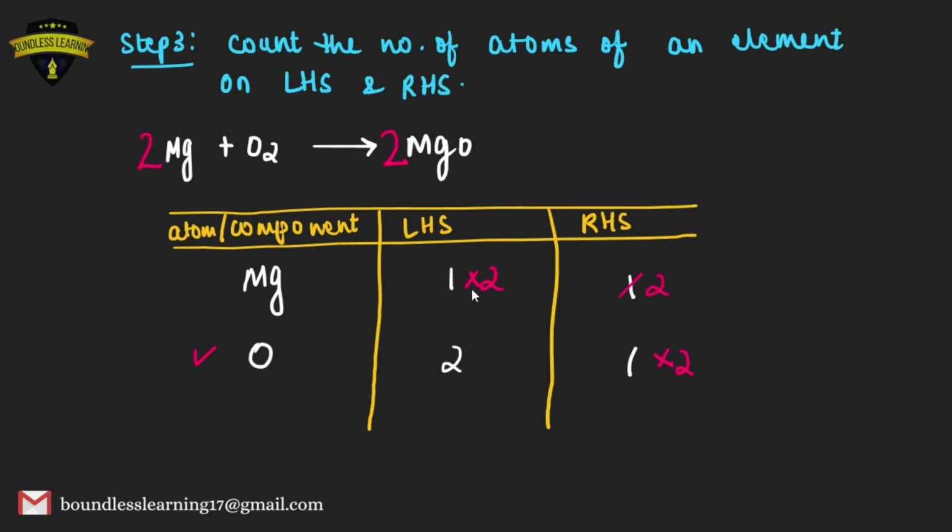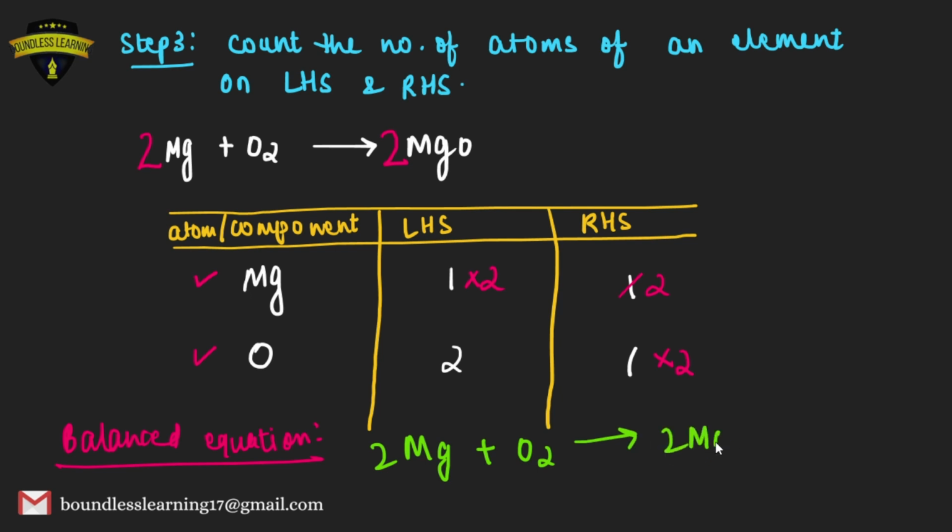So 2 magnesium on the left hand side, 2 magnesium on the right hand side. This is also balanced. So the balanced chemical equation comes out to be 2 Mg plus O2 gives 2 MgO.